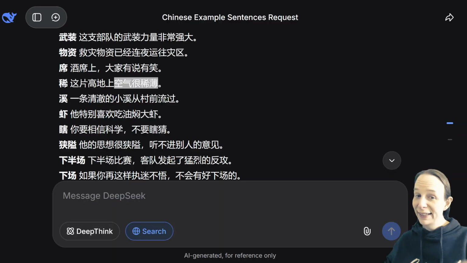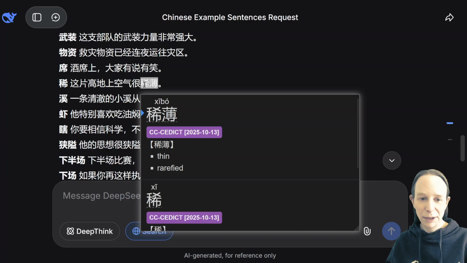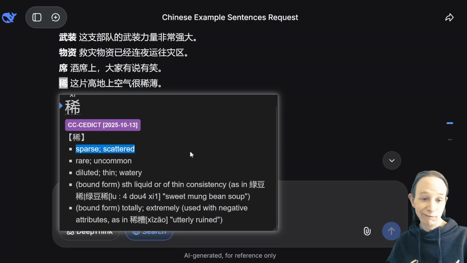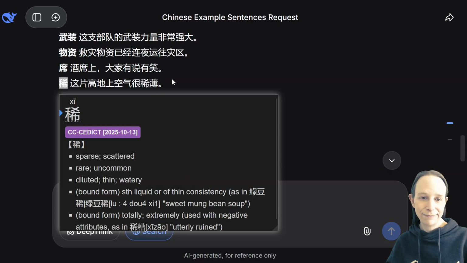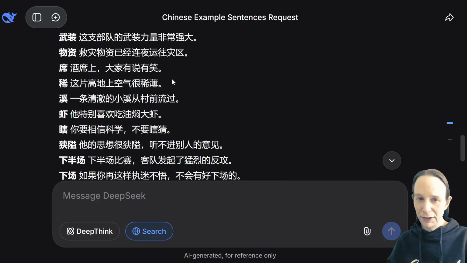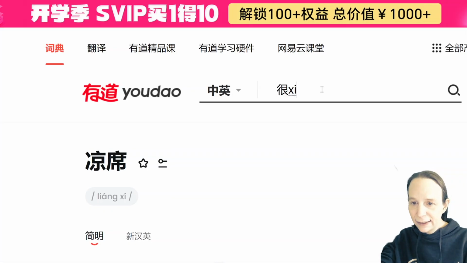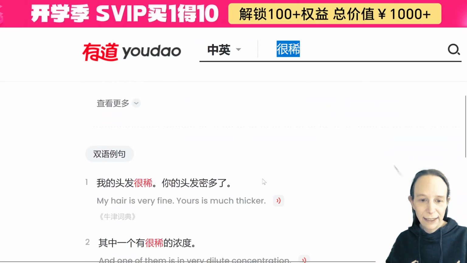So the air is sparse, or in this case, thin. Sparse, rare, yeah. You can use 稀 by itself as well. You can say something 很稀.